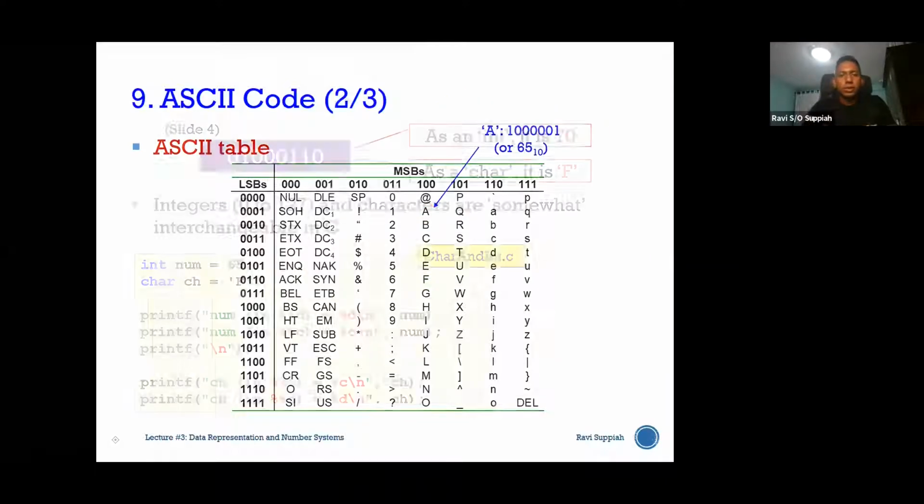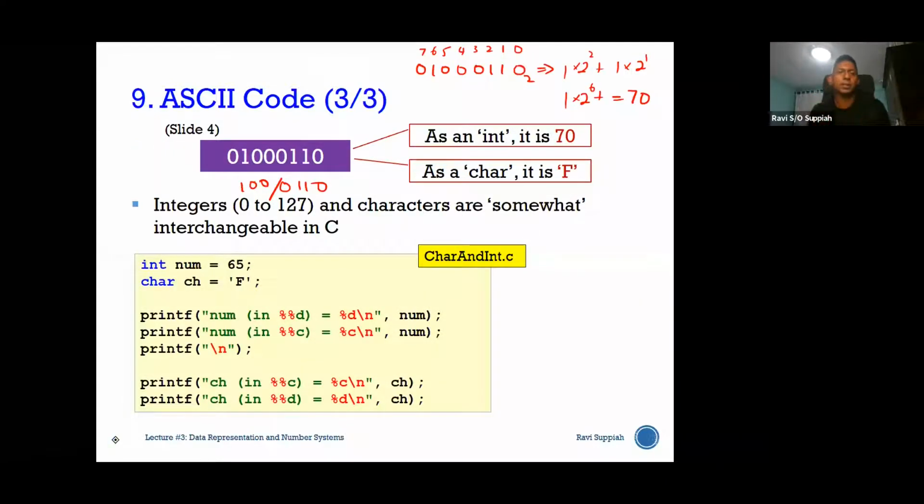As you can see right now, the same 8 bits that is stored in a variable or in some memory, I can interpret differently. If I interpret it as an integer, it is holding a value of 70.